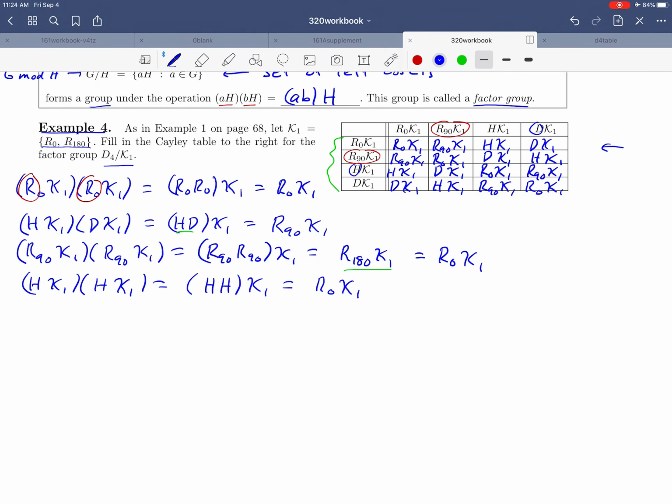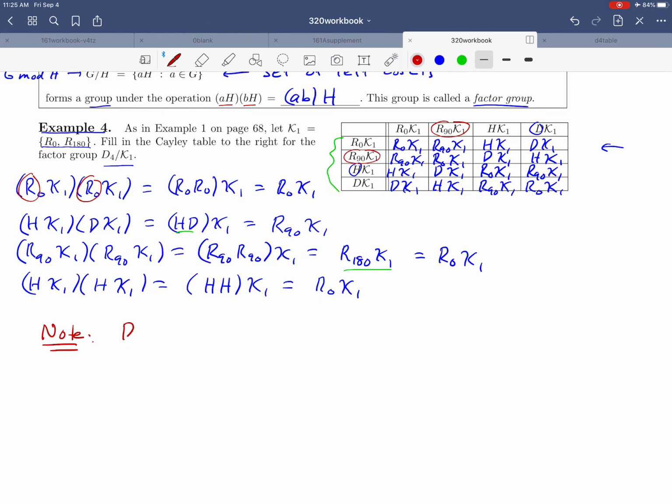And so what we've just done is to make a complete Cayley table for this group that contains 4 elements, 4 cosets. You can look at that Cayley table and notice that it has the same properties that Cayley tables for other groups have. And I want to leave you just with one observation here that's kind of interesting. This is something you can maybe think about on your own time.